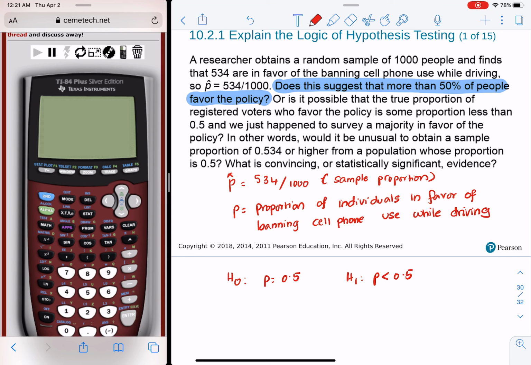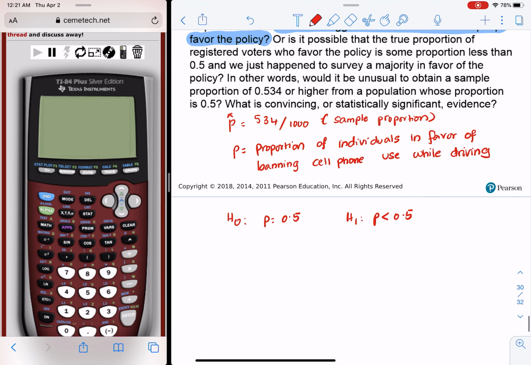So the first case would be: is it possible that the true proportion of registered voters who favor the policy is some proportion less than 0.5? In other words, that would be a left tail test.